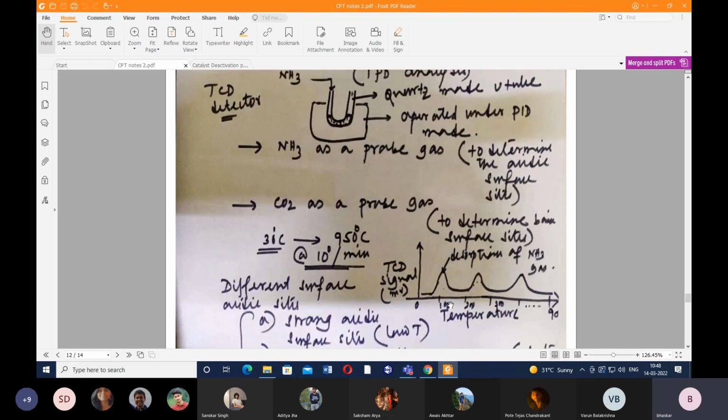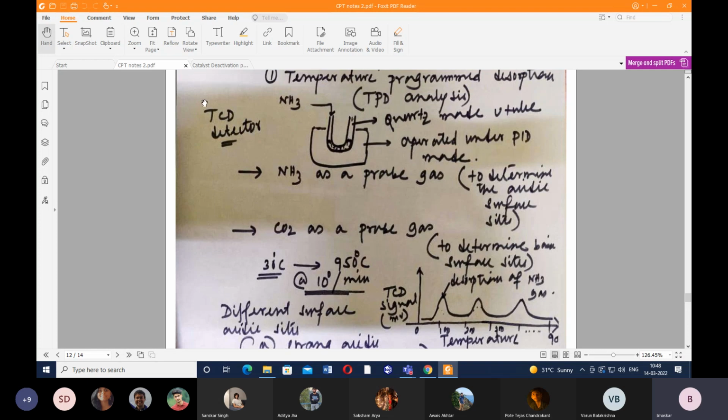As a result, we'll record the signal with a TCD detector. TCD means thermal conductivity detector. The thermal conductivity detector will detect the desorbed gas. So what will be our desorbed gas here? Our adsorbed gas was ammonia, so the desorbed gas will also be ammonia.